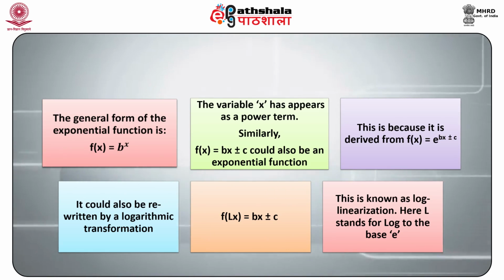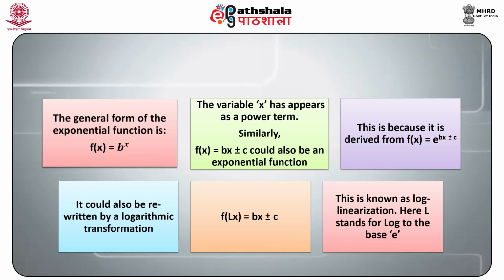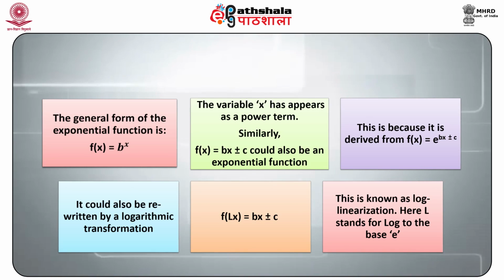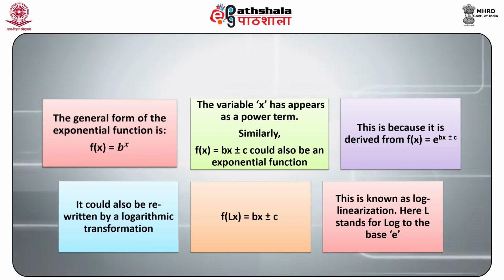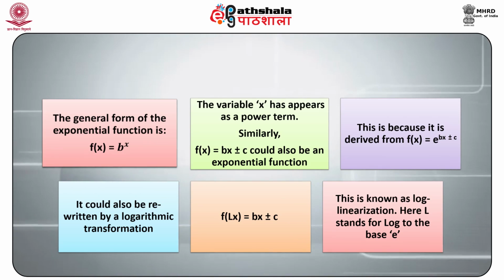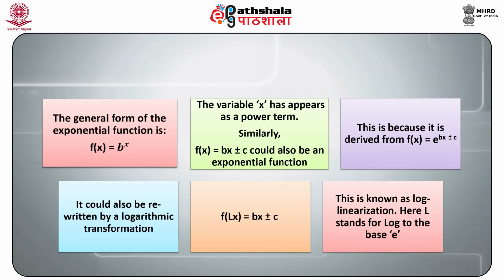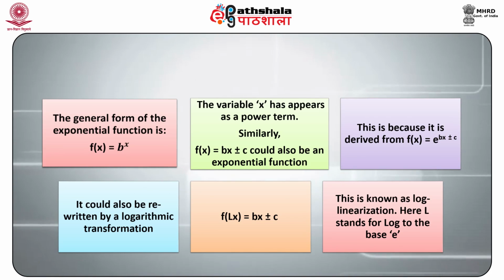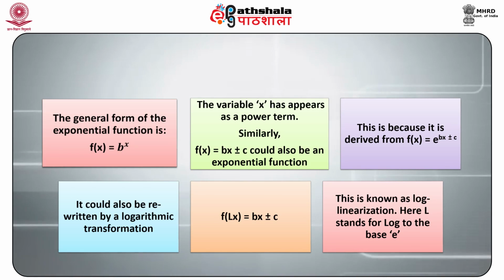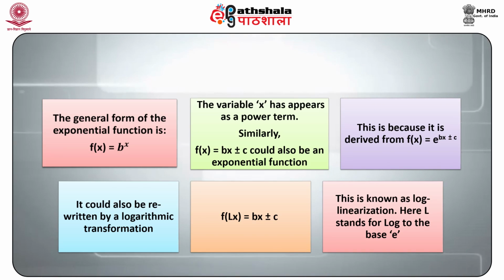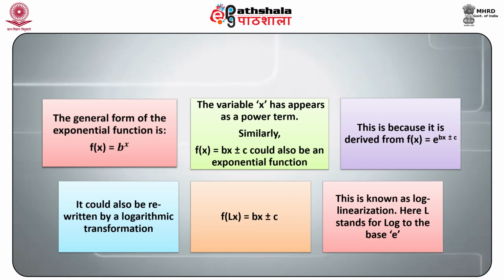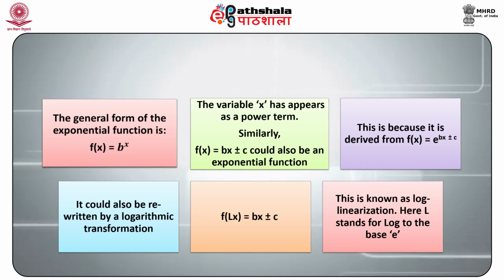Similarly, we could also say that f(x) = b^(x ± c) could also be an exponential function. This is because it is derived from the function f(x) = e^(bx ± c), which could be rewritten as a logarithmic transformation as L f(x) = bx ± c.